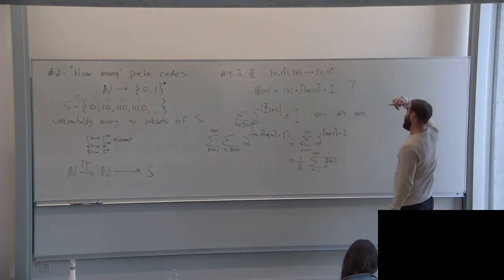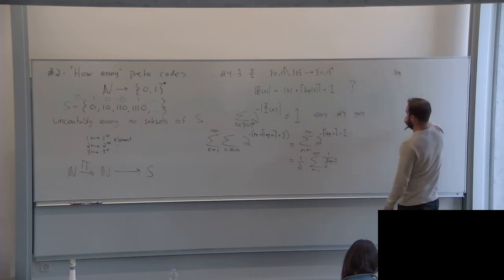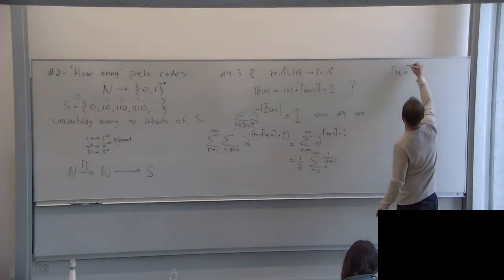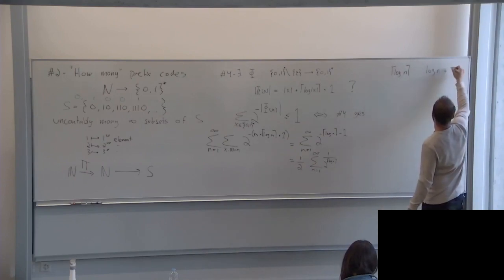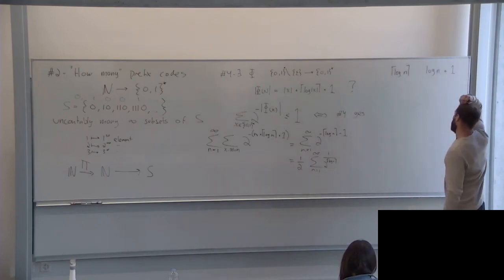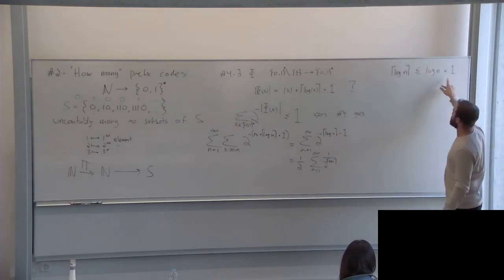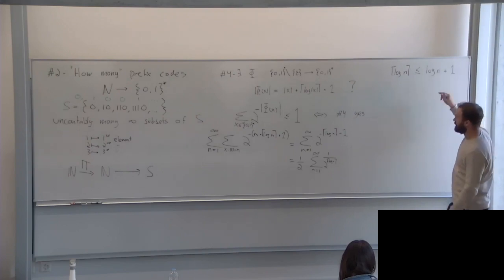Now that can get confusing, but what do I want? Let's do it properly. If I take the ceiling of log n and compare it with log n plus 1, log n plus 1 is going to be larger than the ceiling of log n.